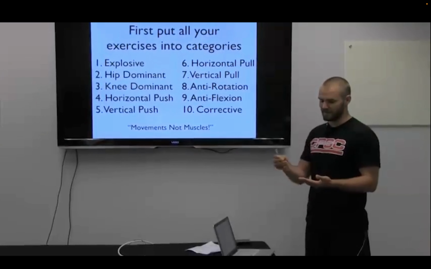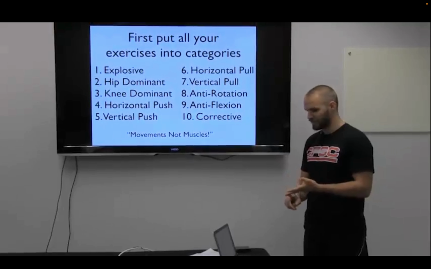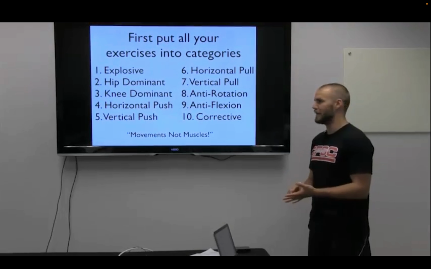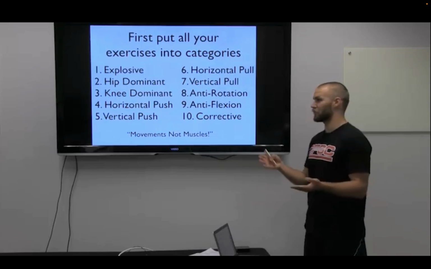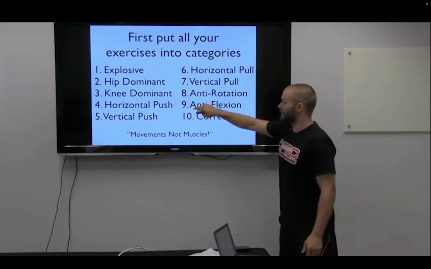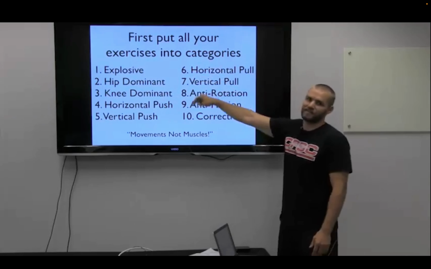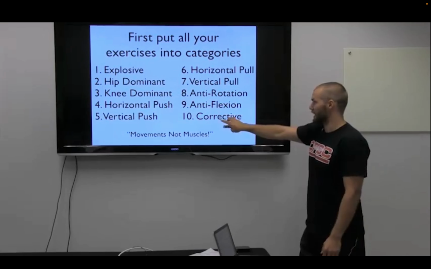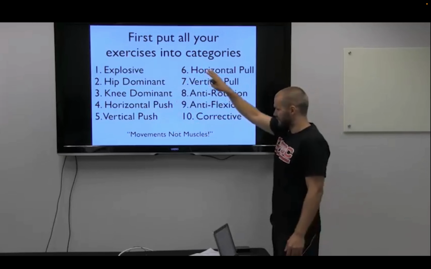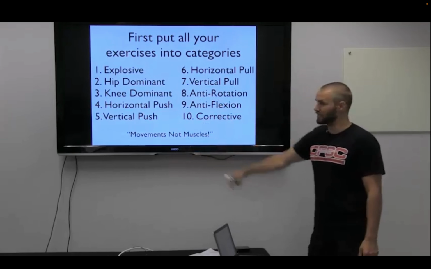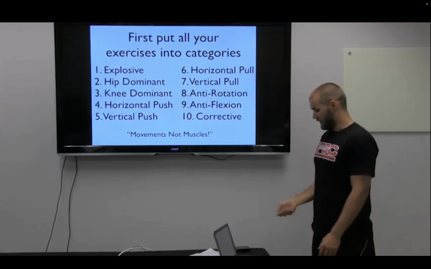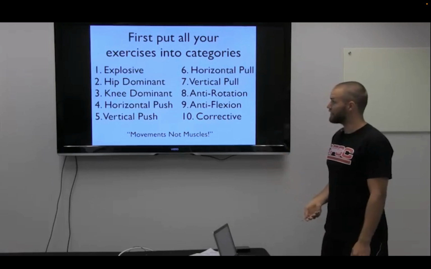So corrective for us is any type of stretch, mobility drill, activation, whatever that person needs to correct any other of these 9 patterns, okay? So corrective corrects one of these 9 things. Movements, not muscles.